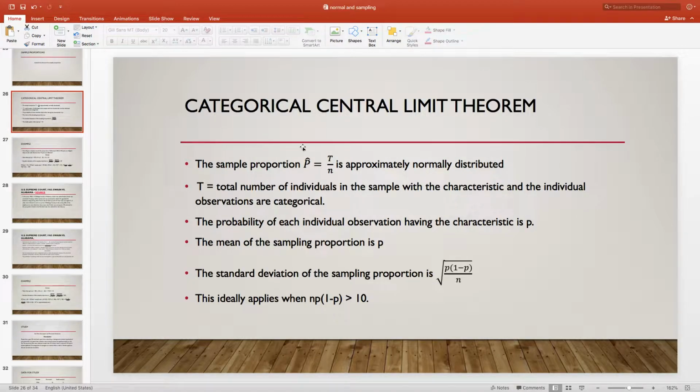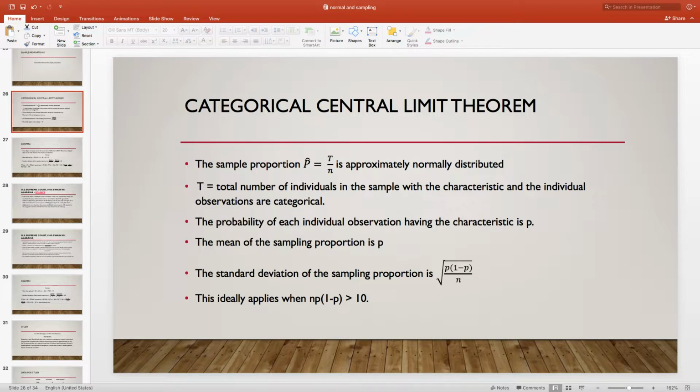It represents the proportion of outcomes that you deem of interest. And what it says is that this proportion is approximately normally distributed. Here, T represents the total number of individuals in the sample with the characteristic, and hence the observations are categorical, because it's a characteristic.